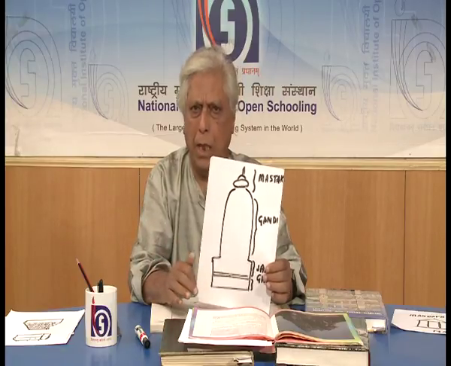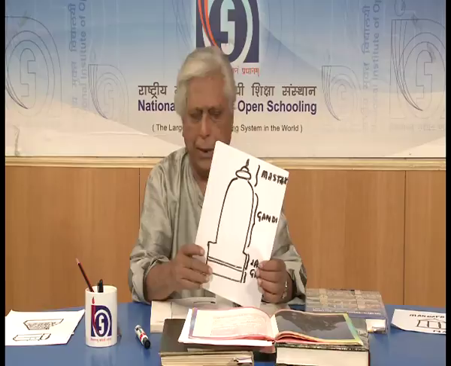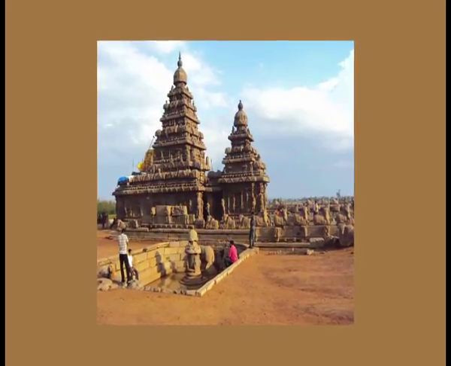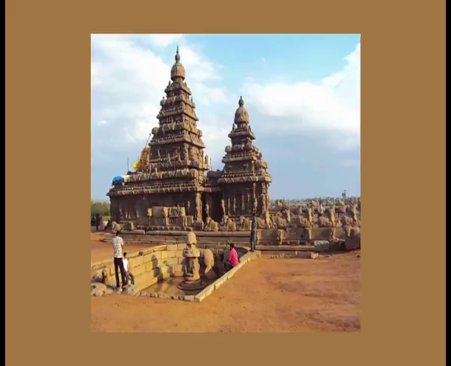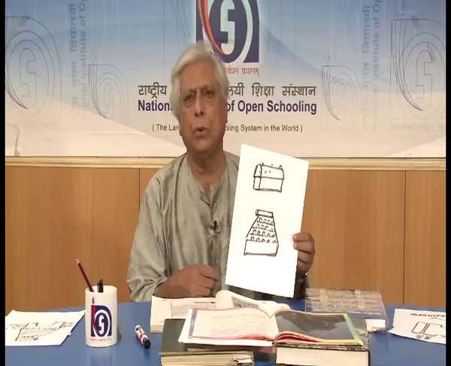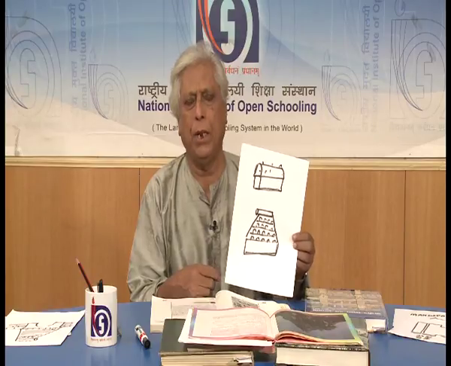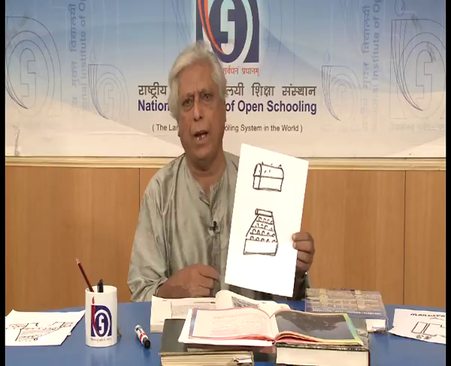Now, we will come to the next style of architecture, that is called Dravida. The Dravida style of architecture developed in South India. The Pallavas, especially Narasimhavarman, was one of the great admirers of art and architecture.